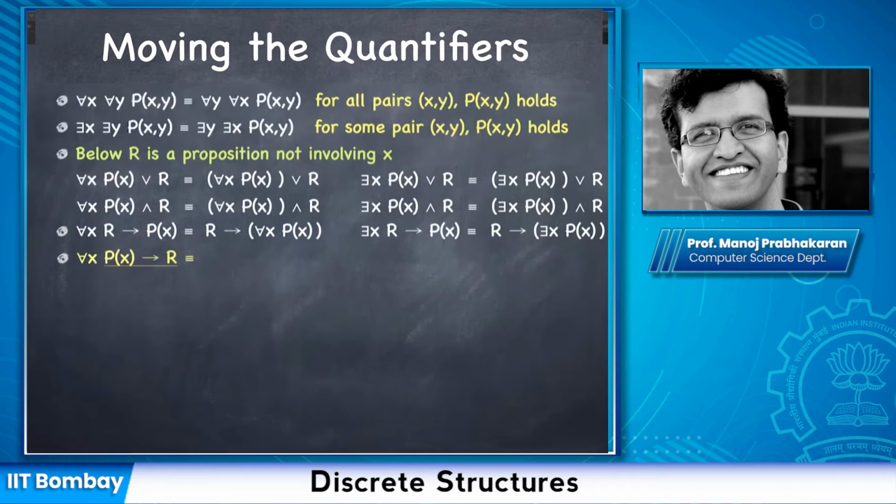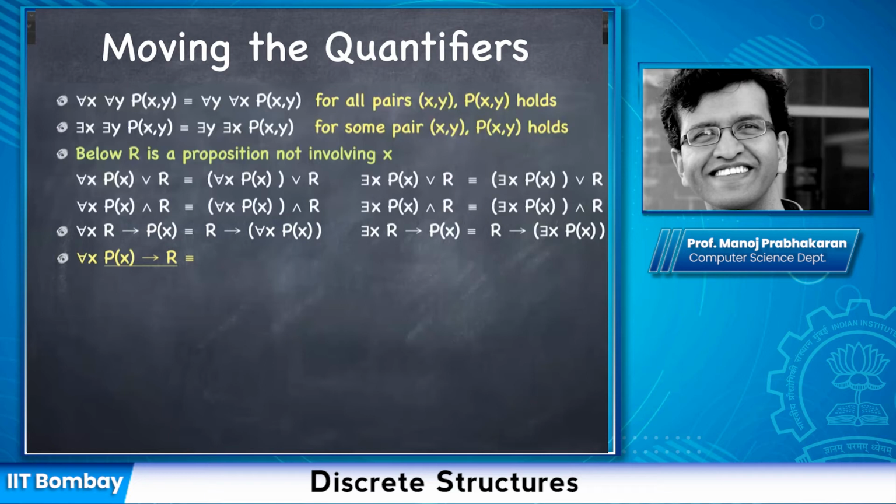But things get a little tricky if the implication is Px implies R instead of R implies Px. Okay. Now you should try to think this through in English later, but the only sure way of making sure you're getting the logic right is to go about it mechanically.